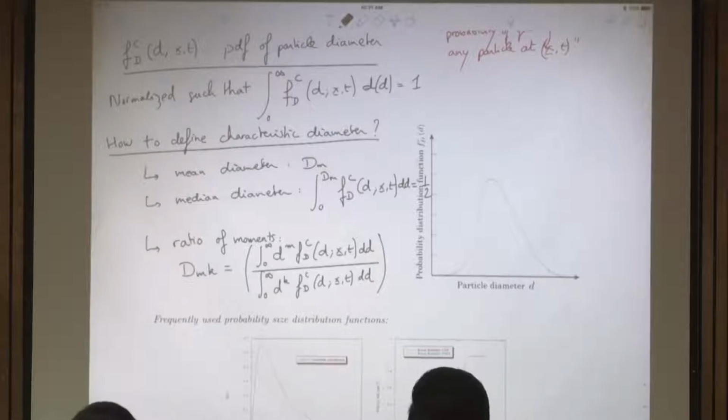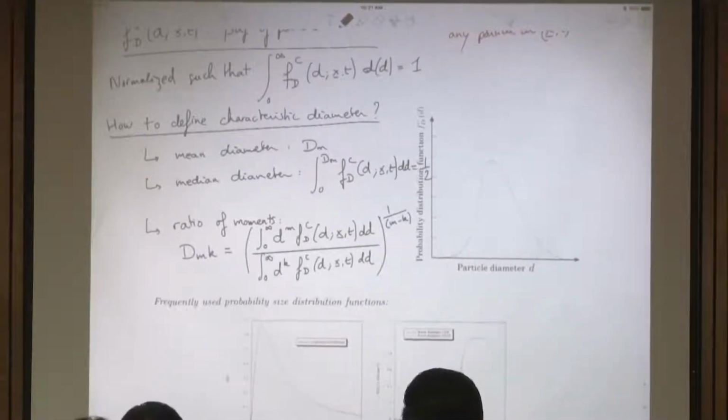We want this to have the dimension of a diameter, and so we'll raise that to the power 1 over m minus k. So that's a general definition from the moments of what a reasonable estimate of characteristic size might be.